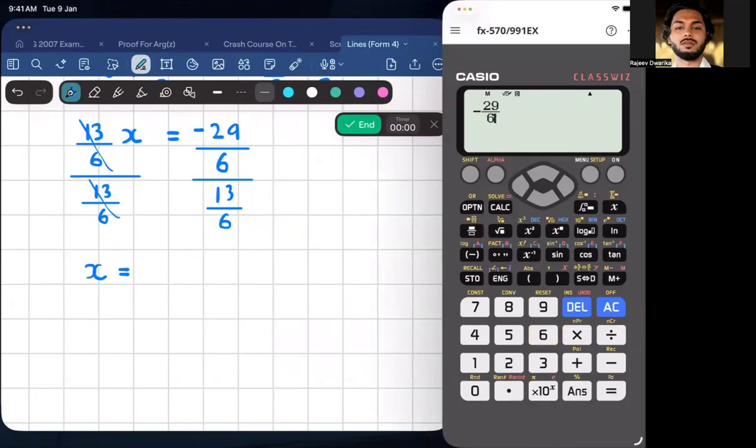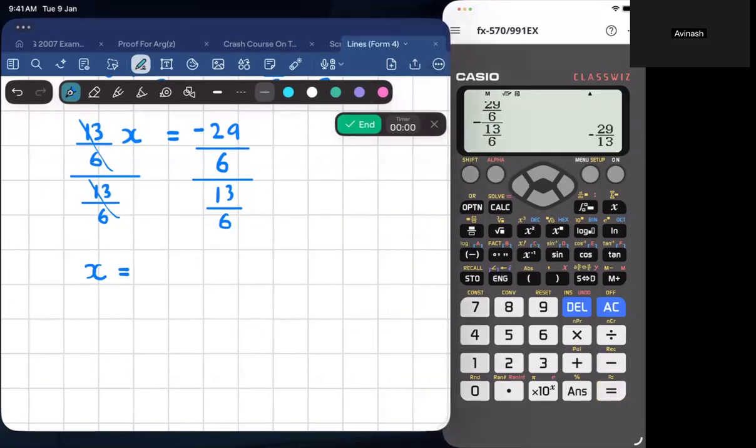Press the arrow to the right to come out. Then press the fraction button again. Then put 13. Then press the fraction button. Then put 6. Press equal and let me know what you get. Minus 29 over 13. Yeah, that's the correct answer.